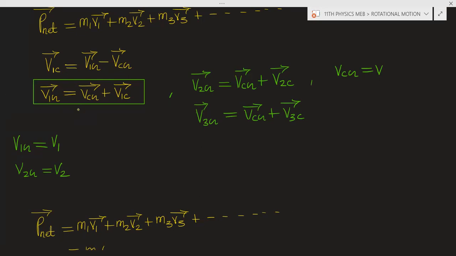v1g can be written as v1 because it is with respect to ground, and it can be written as velocity of center of mass plus velocity of mass 1 with respect to center of mass, and this is in vector form.